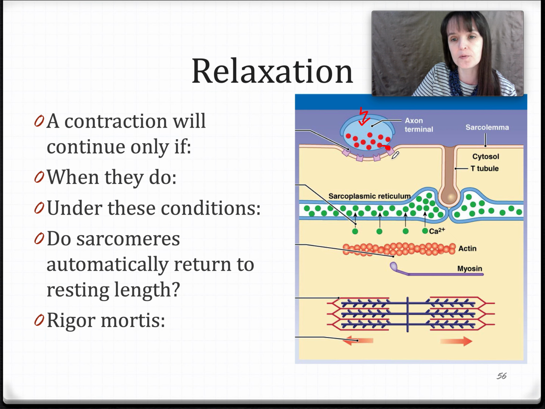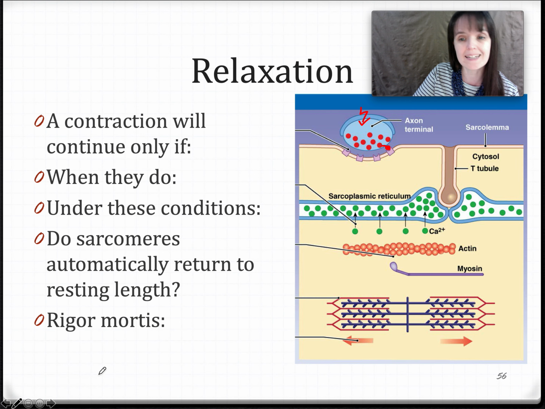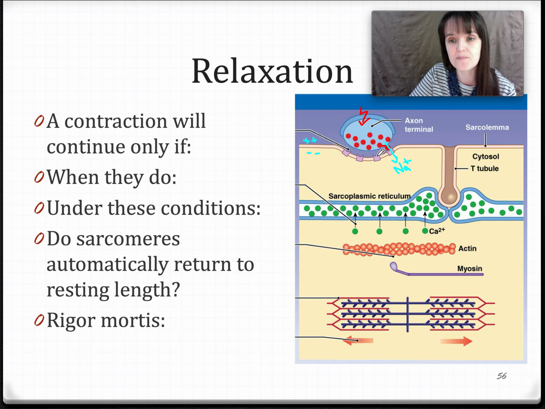So as a review, when the acetylcholine binds to the acetylcholine receptors, what exactly is it that enters the cell? Is it the acetylcholine? No, of course not. What enters the cell is sodium. Because sodium is positive and the inside of the cell is generally negative compared to the outside of the cell, we have changed this transmembrane potential by allowing a boatload of positive ions into the negative inside of the cell.